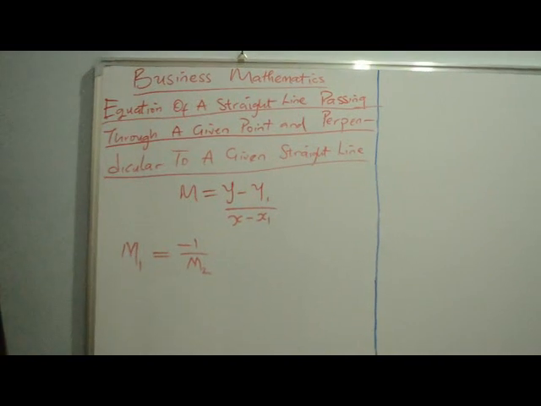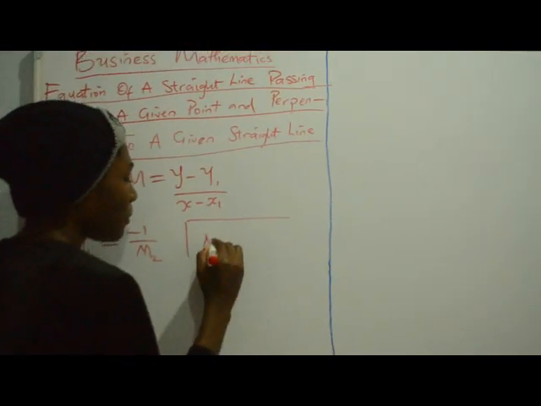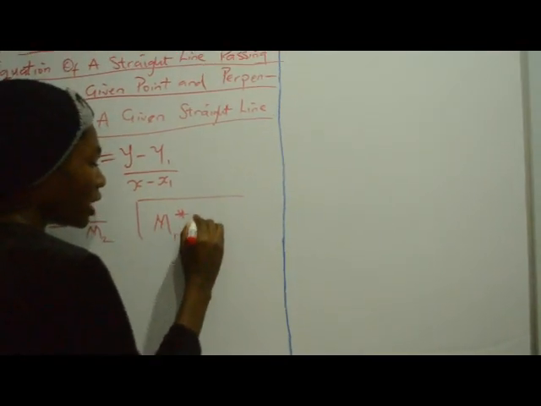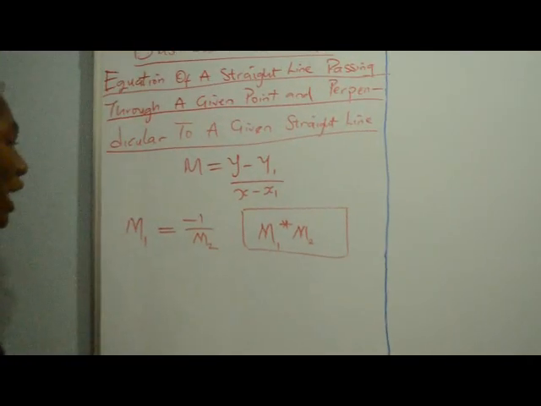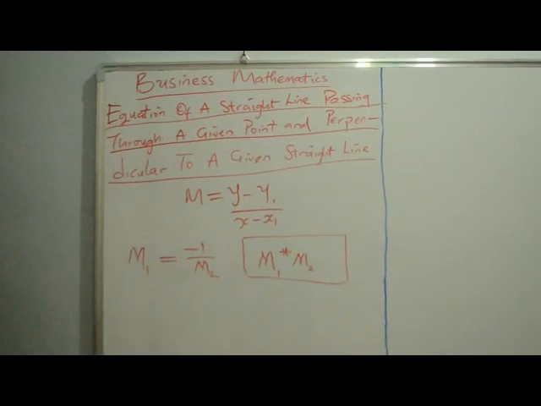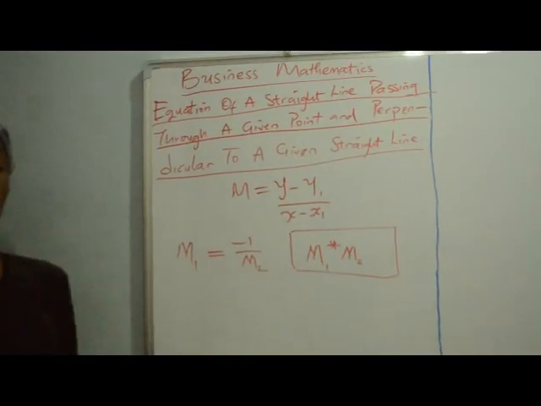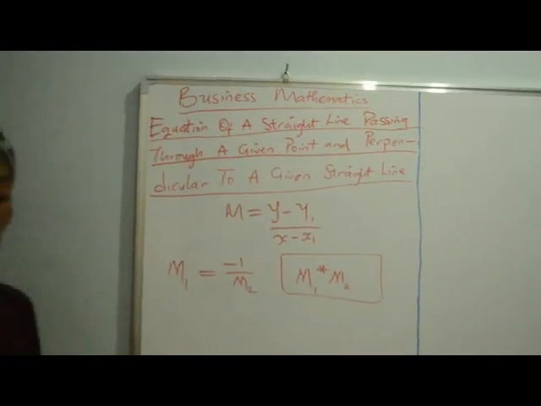But in most textbooks, what you will see is something like this: m1 times m2. What it simply means is that m1 is equal to the negative inverse of m2. With that, we're going to take a question and solve it quickly.